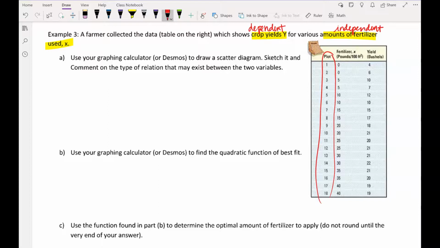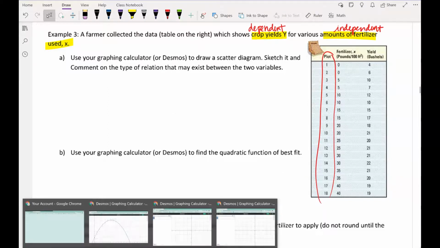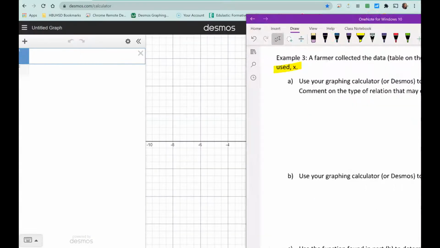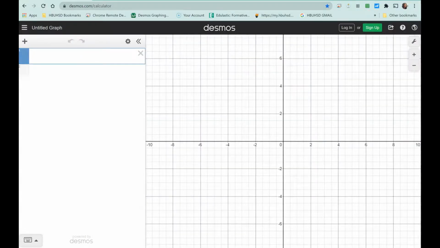So here I'm going to flip my computer and pull up Desmos. Okay. So let's enter in the data. I'm going to pull the screen over a little bit so I can see the data.